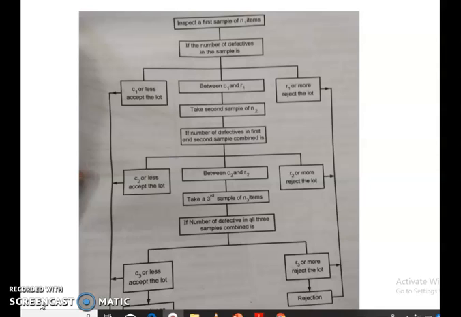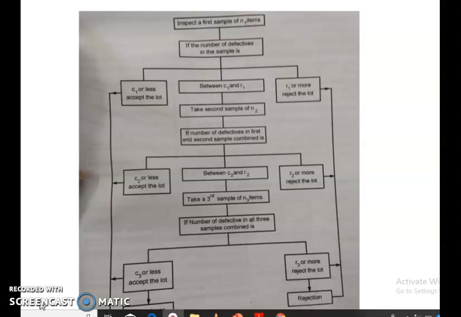But if the value is between C1 and R1, then we take the next sample of small n2 and again continue the inspection. In this case also, if the number of defective components is less than C2, we accept the lot. If it is more than R2, we reject that lot.